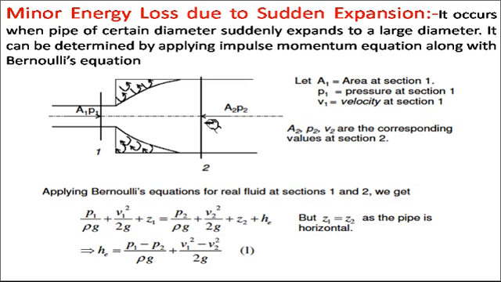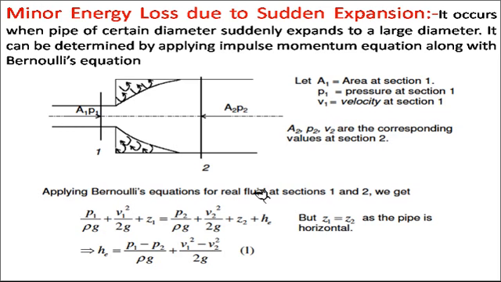So when the fluid flows from section 1 to section 2, there will be a change in the momentum of the fluid, which is equal to the mass of the fluid into the velocity of the fluid. That equation we are going to apply to derive the equation for sudden expansion, and again we are going to apply Bernoulli's equation.